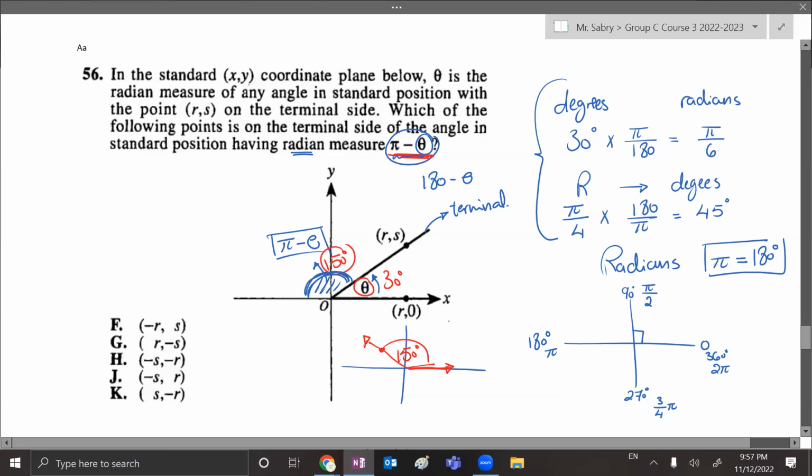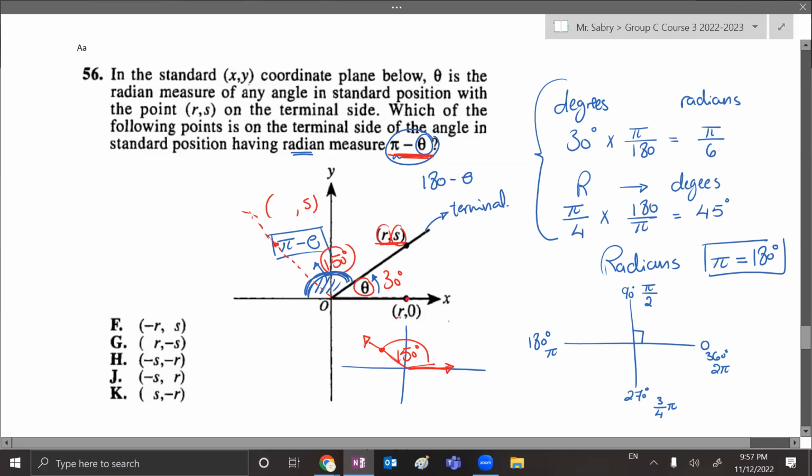If I have these points now as R and S, then the new terminal side would be exactly the reflection of this one. It would be over here somewhere. Which means that the y coordinate would be exactly the same. It's the same S. But the x coordinate has changed its sign.